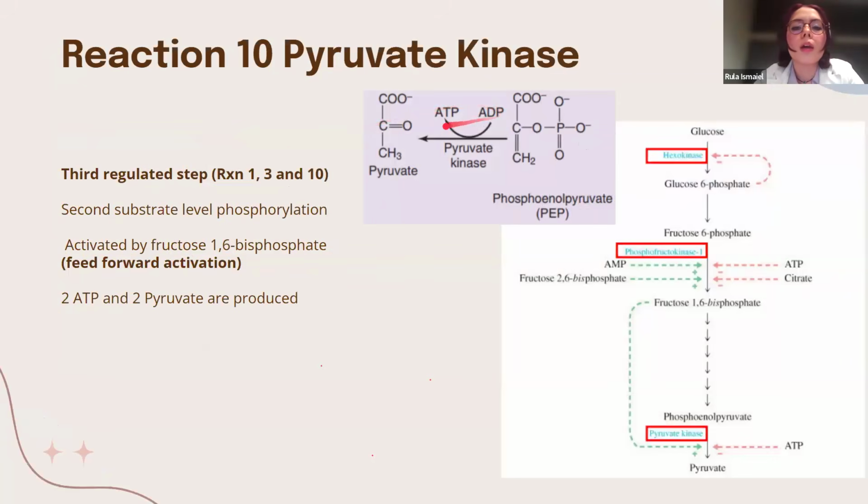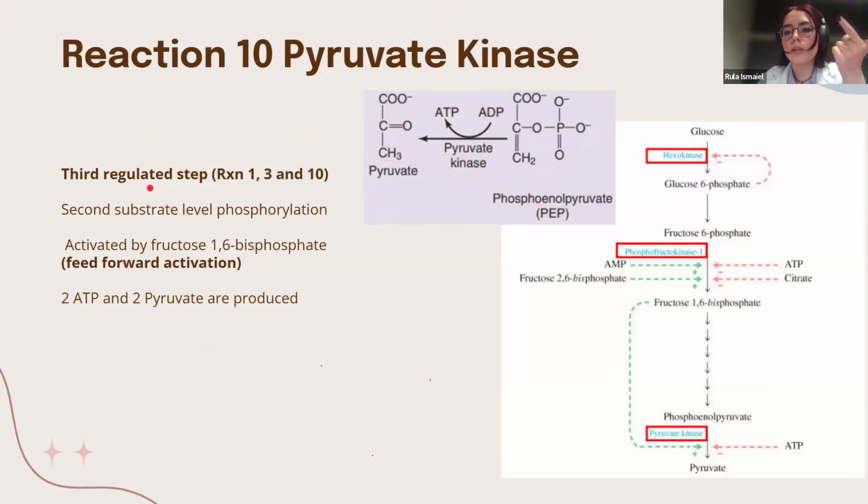Now, pyruvate kinase, we're at the last step before pyruvate enters the Krebs cycle. PEP gets converted to pyruvate with the help of pyruvate kinase. This is the second substrate level phosphorylation, and it's the third regulated step.